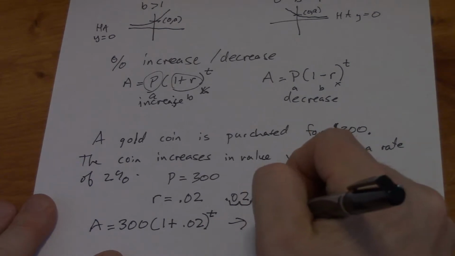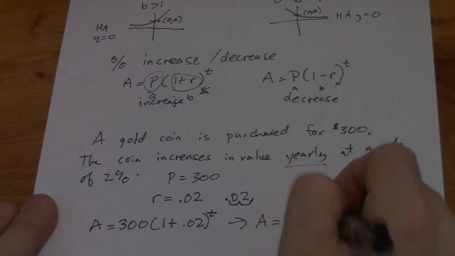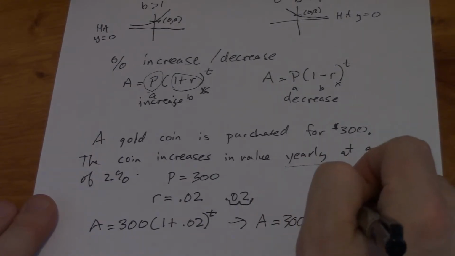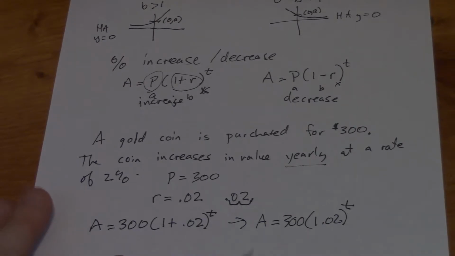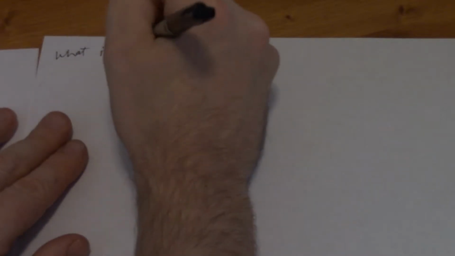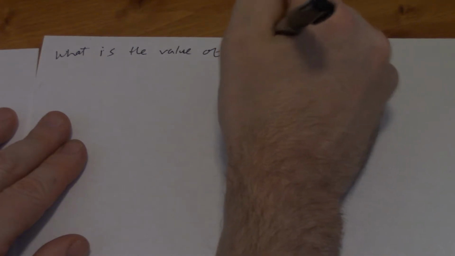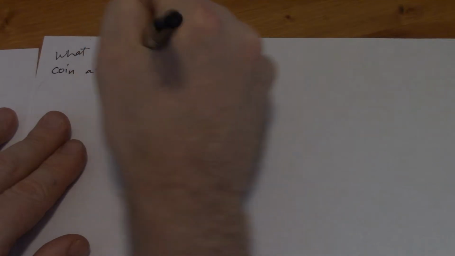Or usually we just go ahead and combine the 1 plus 0.02, and this is 300 times 1.02 to the T. Okay, so our next question might be what is the value of the coin after 5 years?